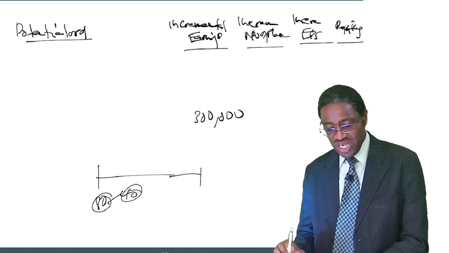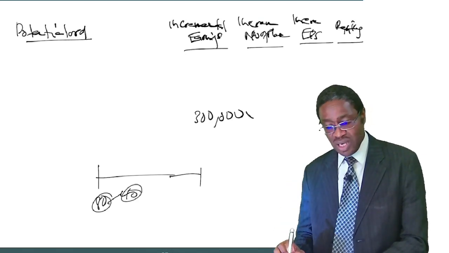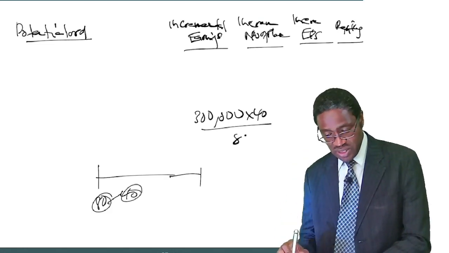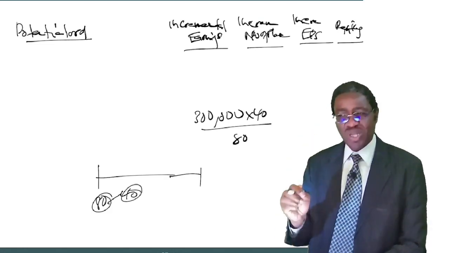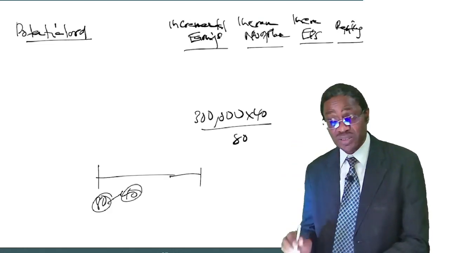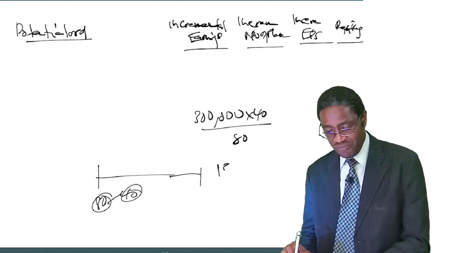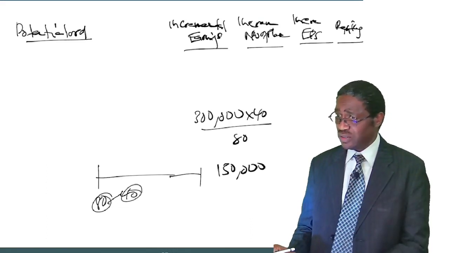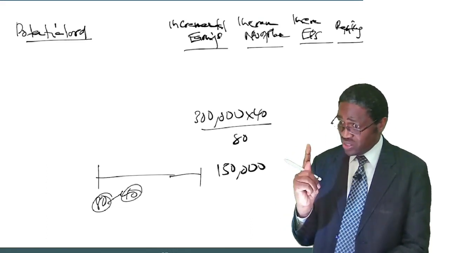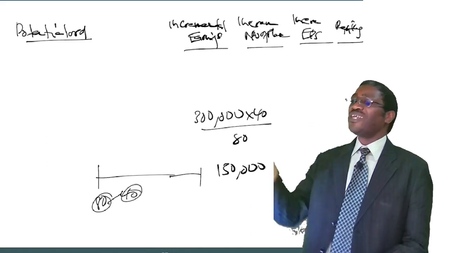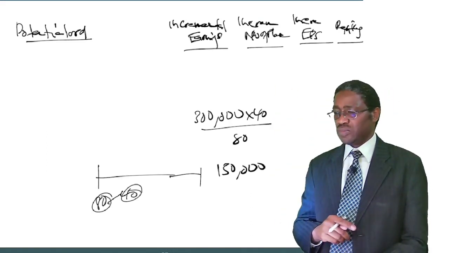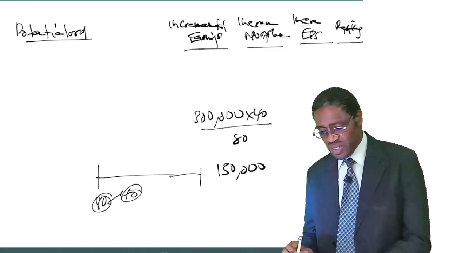In other words, we issued 300,000 at 40 bob when the price was 80. So to what extent were they fully paid? Only half, 150,000. So we were arguing this way: on the day they paid me the 40, I issued to them 150,000.